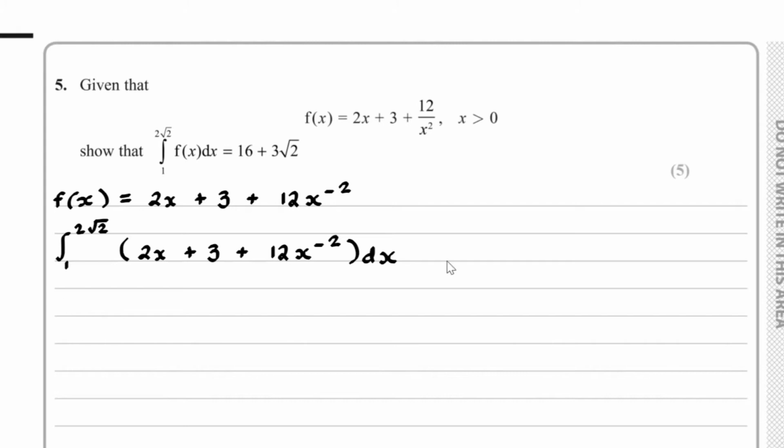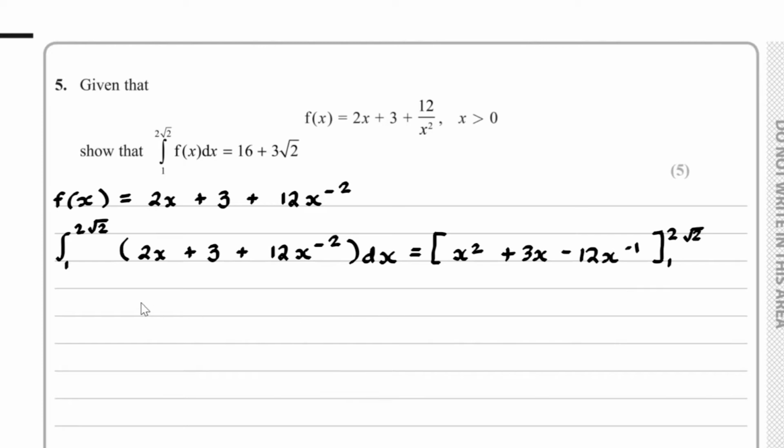And so if we integrate this, integrating 2x, we end up with x squared. Integrating 3, we end up with 3x, and integrating 12x to the power of minus 2, we would end up with minus 12 x to the power of minus 1. And we will evaluate this in between 1 and 2 root 2.